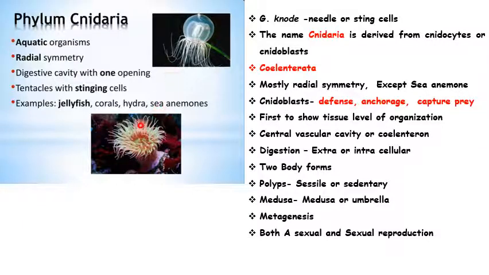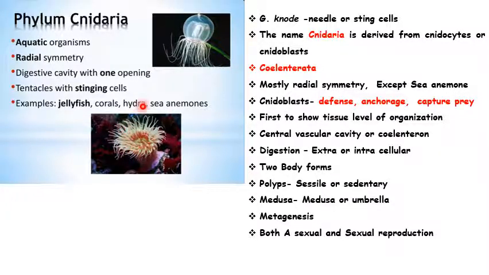The food is taken in through the same opening, and the excretory matter and other particles are sent out through the same mouth. That is why they are known as incomplete digestive groups. They also exhibit both intracellular and extracellular digestion.